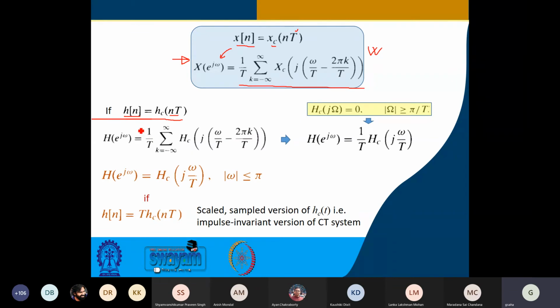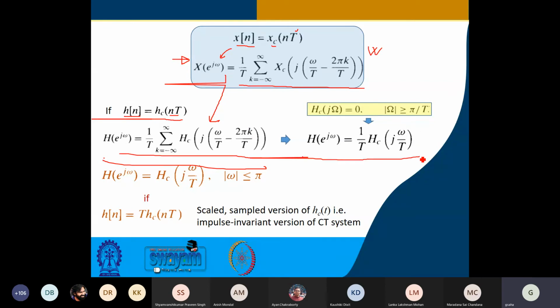In that case, H(e^jω), following this relationship, will be this one. Since we have already considered that H_c(jΩ) is 0 beyond π/T, that is f greater than fs/2, the higher values are not considered.